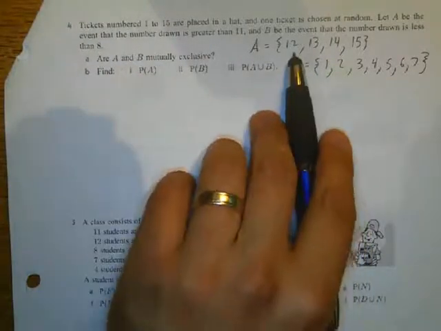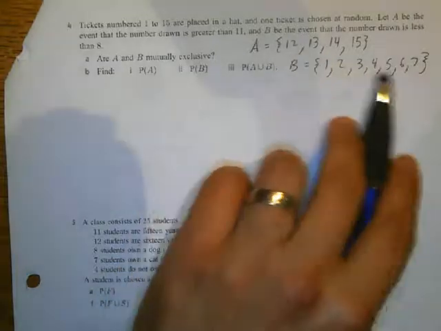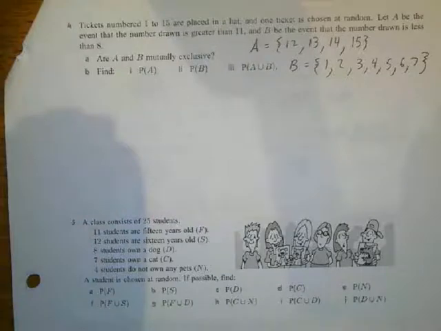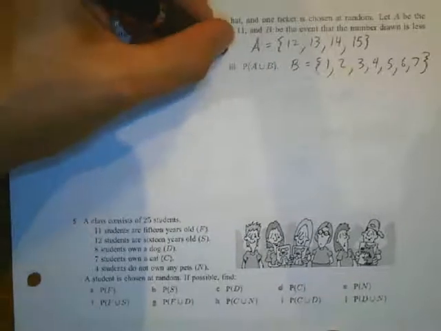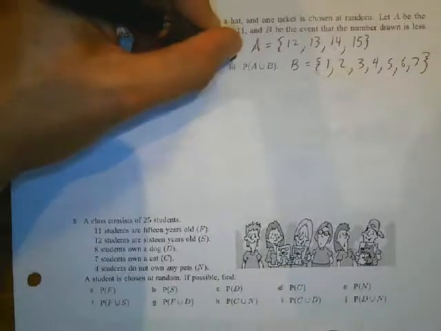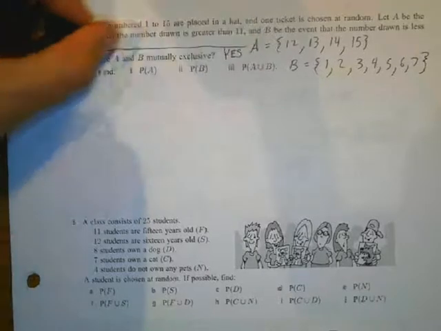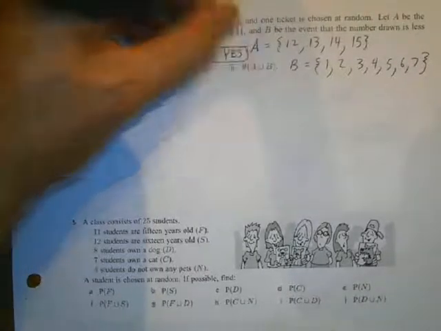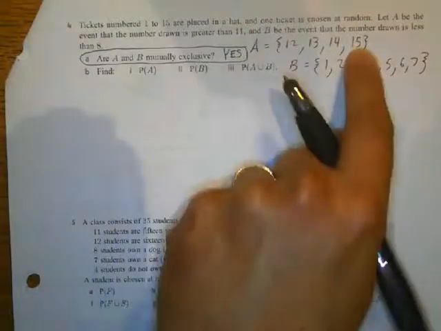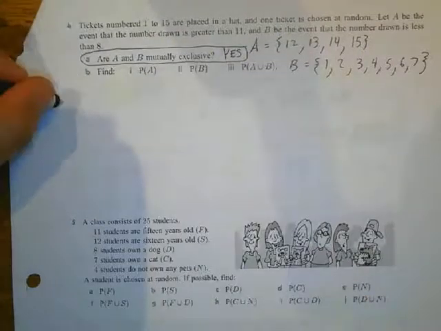Can you have these numbers and these numbers at the same time? You can't, so the answer is yes. It is mutually exclusive because you can't be in this sample space and this sample space at the same time.